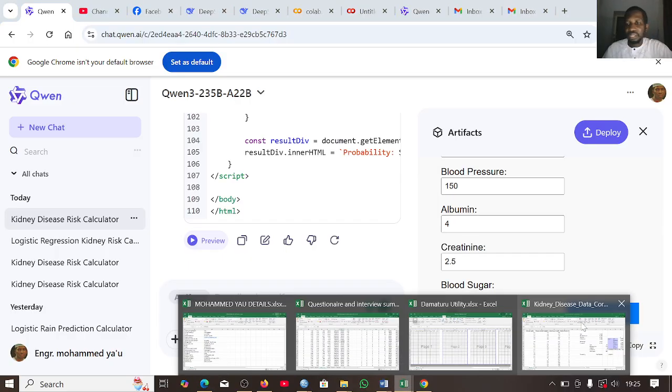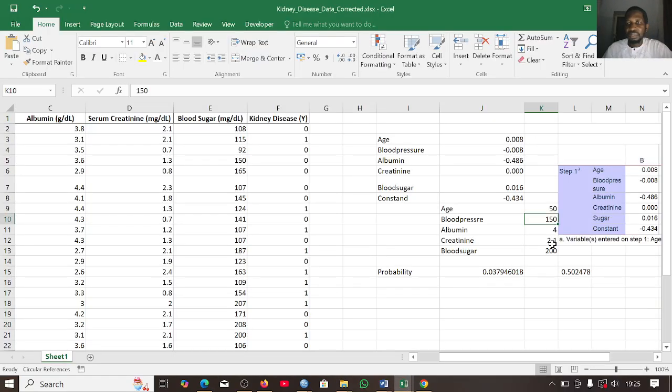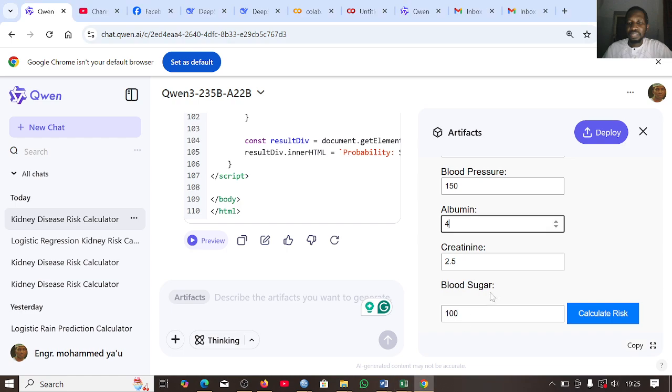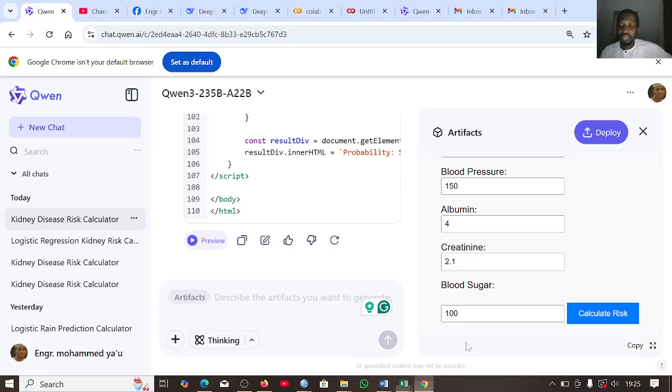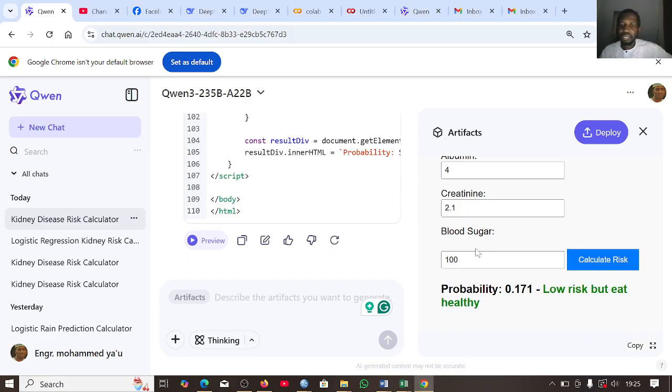So what are the next variables? 2.1 and 100. I think this is 100? Okay, it's 200. So here I will change this one to 200. So you calculate. So you see 0.5. It says high risk, go to the hospital.